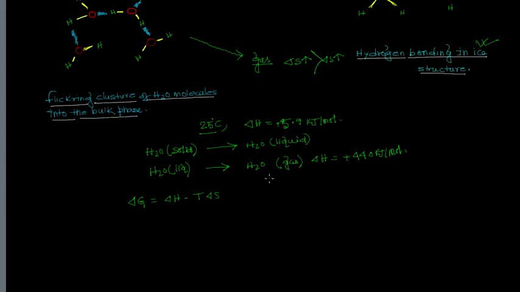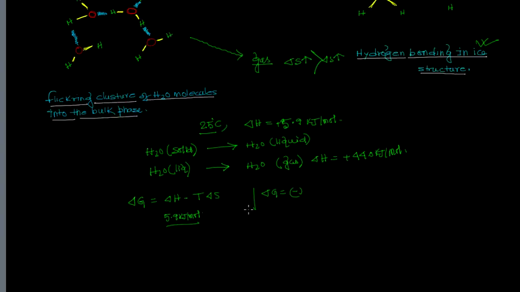So when the H2O which is present in the solid state is going to convert into the liquid state, the enthalpy required is 5.9 kJ per mole. This reaction is spontaneous when delta G is negative.